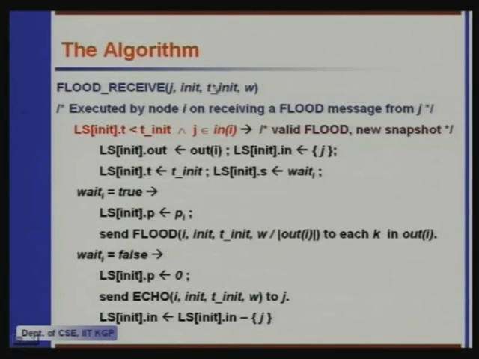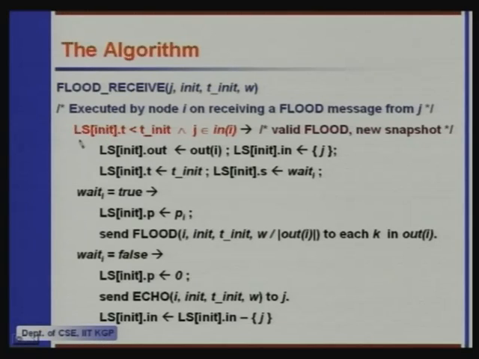T init is the timestamp on this flood message. And what is ls init dot t? It is in the local data structure of the node I. This is the timestamp of the last wave that was received from this initiator.